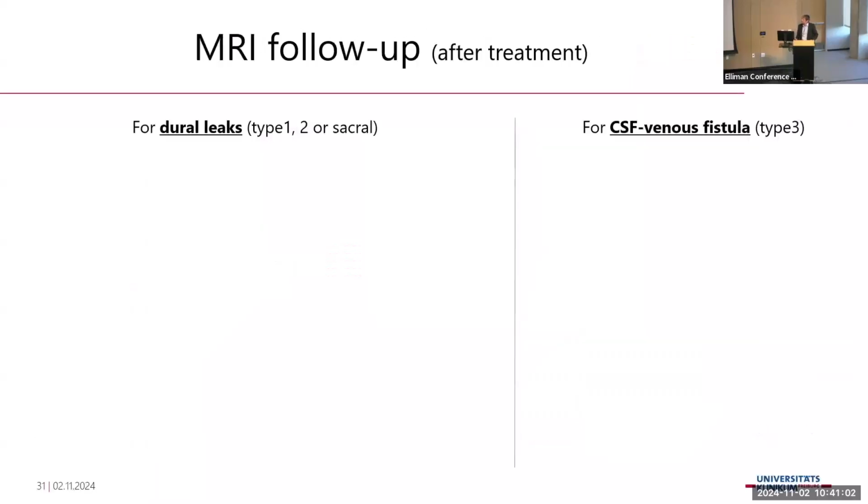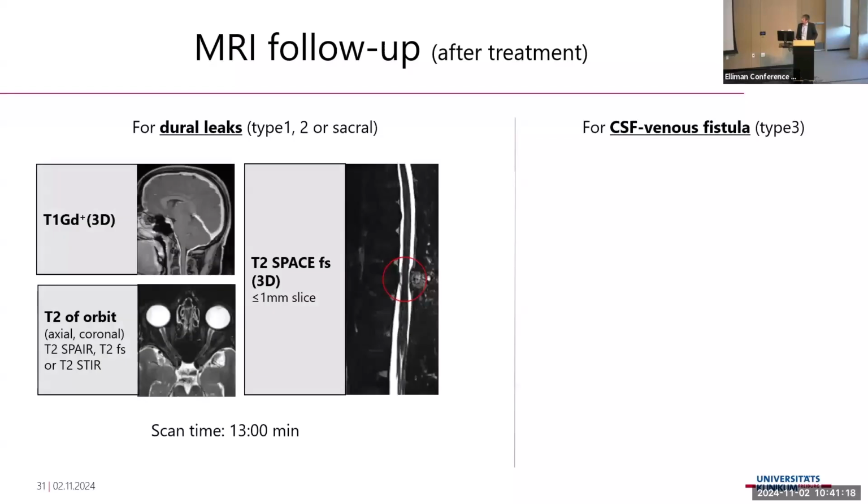And you can do a follow-up. We usually do it like 3 months after targeted treatment. And it is not necessary to perform an entire MRI protocol for the follow-up, I think. For patients that were treated for a dural tear, it is probably enough only to perform a T1 gadolinium of the head, the T2 of the orbit as a monitoring tool.